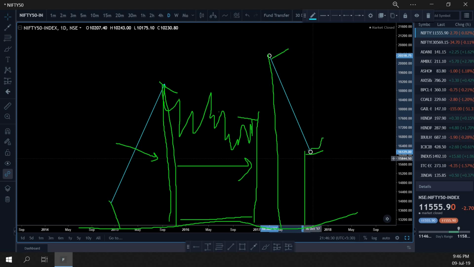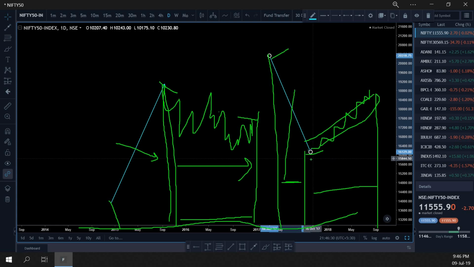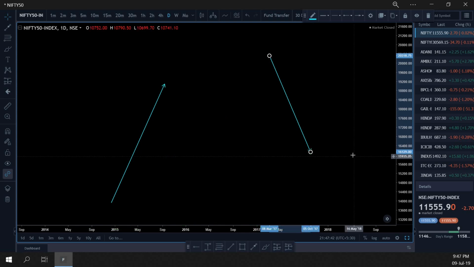So that's how you can recognize the corrective structures from the impulses. You can see this wide and this wide. Looking at this easily, I would declare this as an impulse, and this as a corrective structure. As simple as that.